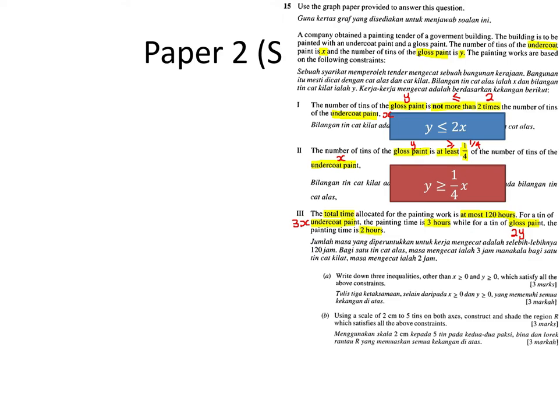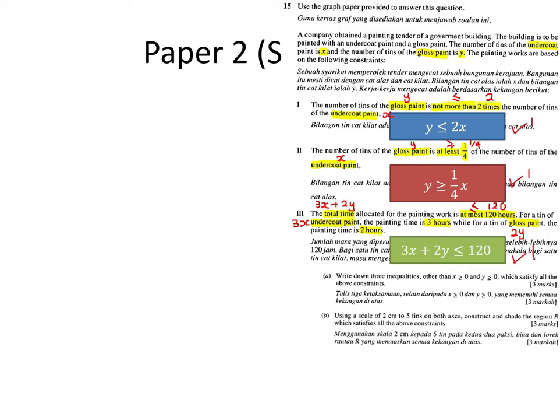So the total time allocated here is 3X plus 2Y. At most means we cannot have more than a certain value, right? It can be less. The sign we use here is less than or equal to 120 hours. With that, we get our third inequality, which is 3X plus 2Y less than or equal to 120. Each inequality will give you 1 mark.